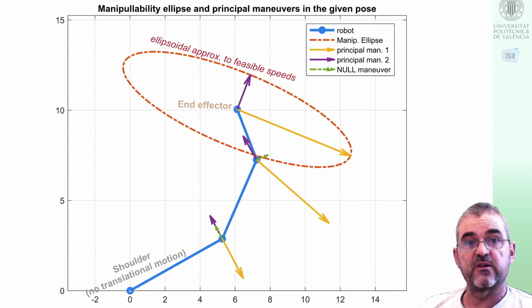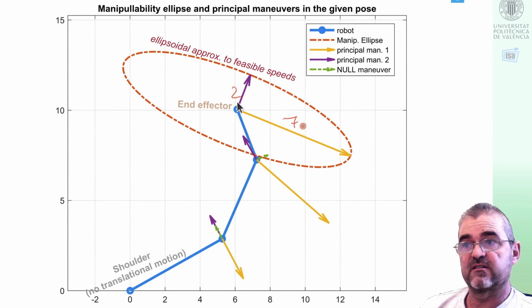So these principal maneuvers 1 and 2 are the yellow and purple arrows of length 7 and 2 depicted here.